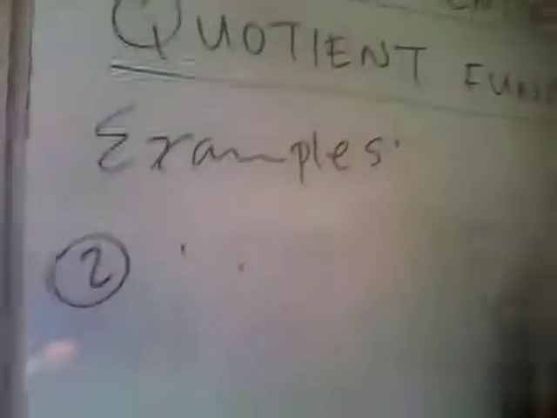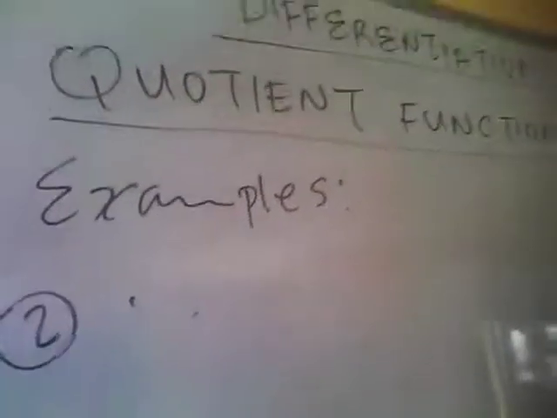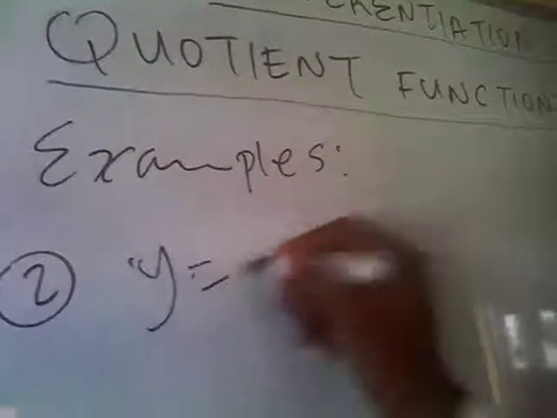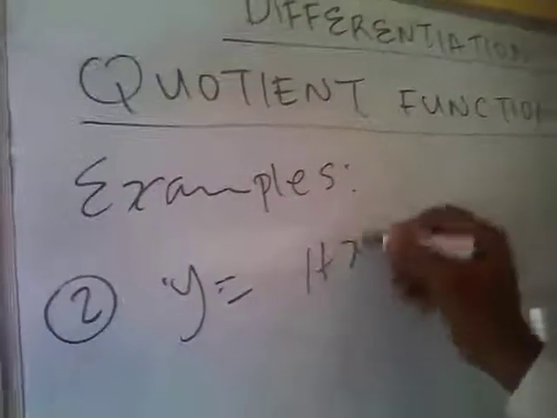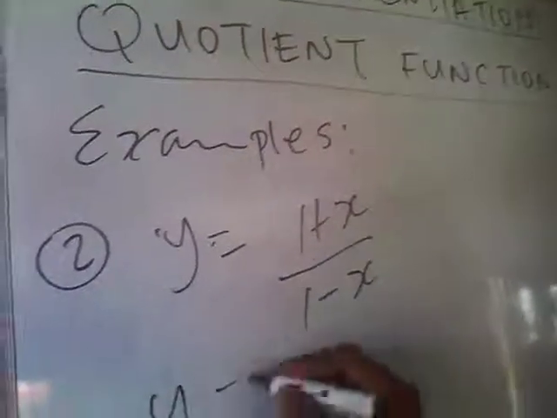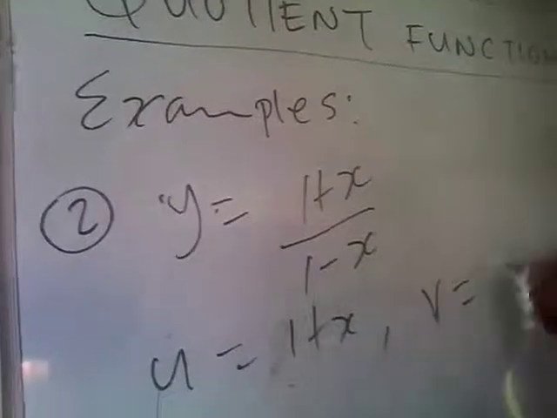The last example that we're going to take on this particular topic, this quotient function rule, is y equal to 1 plus x all over 1 minus x. It's obvious that our u is 1 plus x and v is 1 minus x.